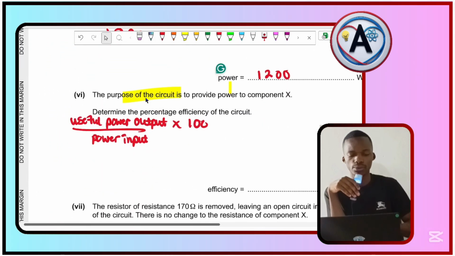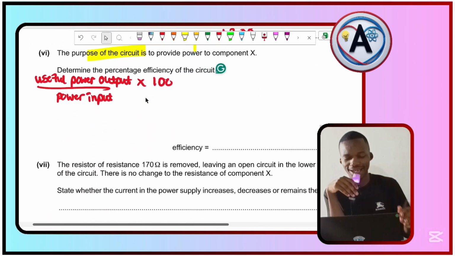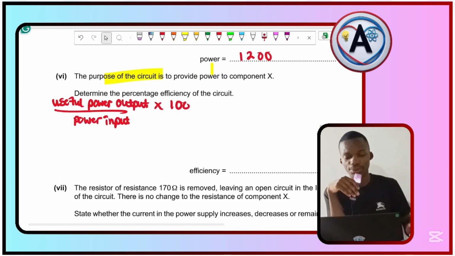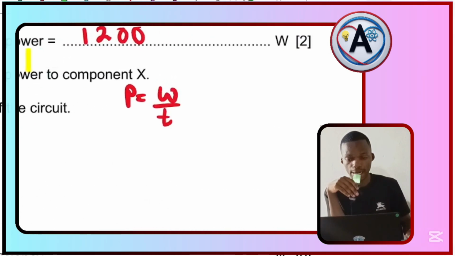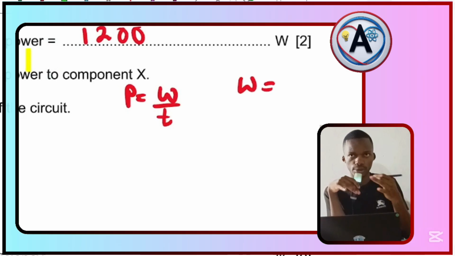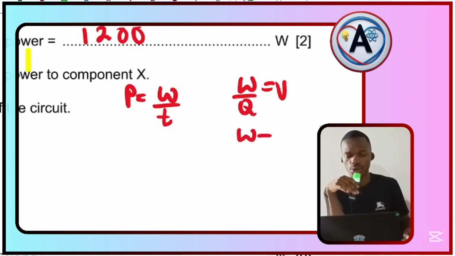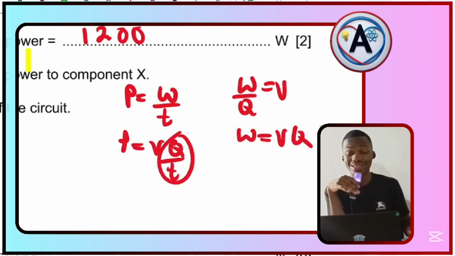And if you don't understand why we're saying power is equal to VI, a little help for you. Power is basically the work done per unit time. But the work done, V is the work done per unit charge. So work done is VQ. So if I have power being equal to VQ over T, Q over T is current, the rate of flow of charge.